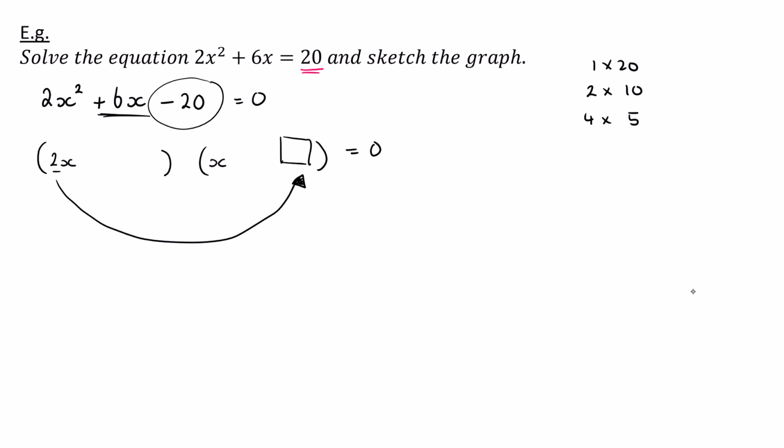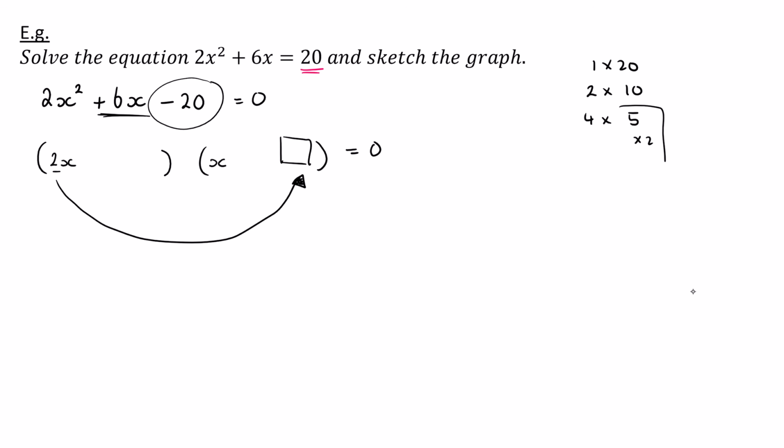If I double that, that's an 8. Minus 5 is not going to give me what I want. If I double the other one, times 2, 10 minus 4 is going to give me a 6.